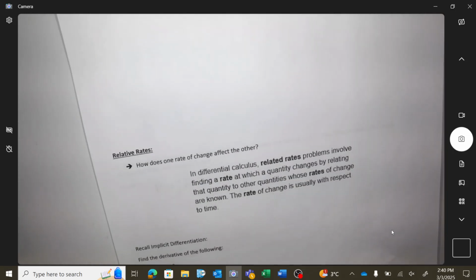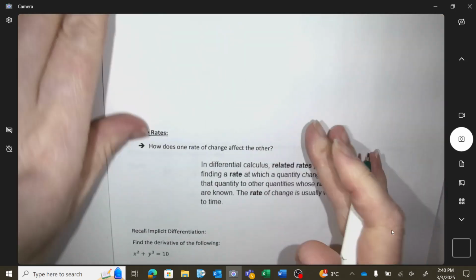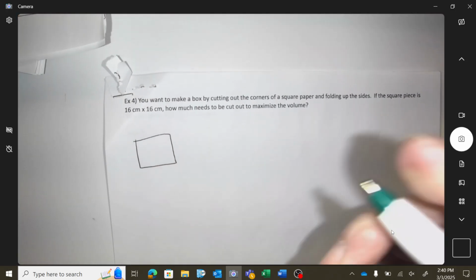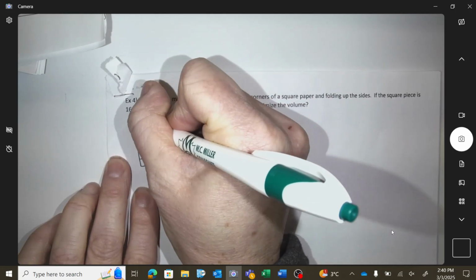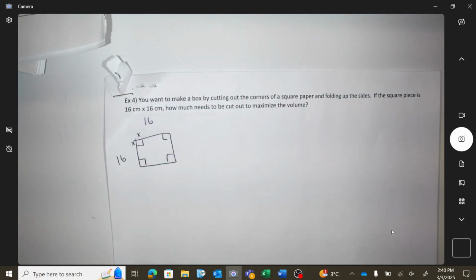Okay, last question. Grade 12 pre-calc question. Your favorite. Okay, remember what I did, grade 12. We had a paper and we cut little corners. Do you remember that? We cut those little corners off.